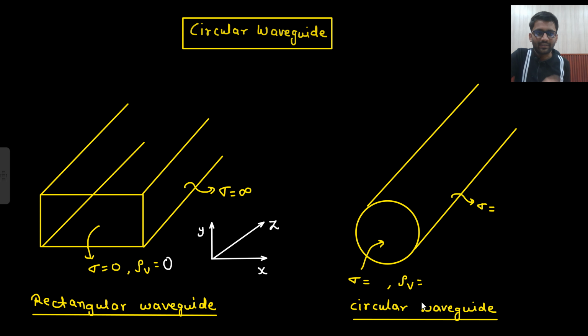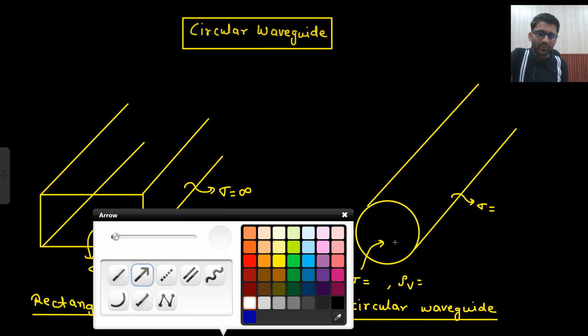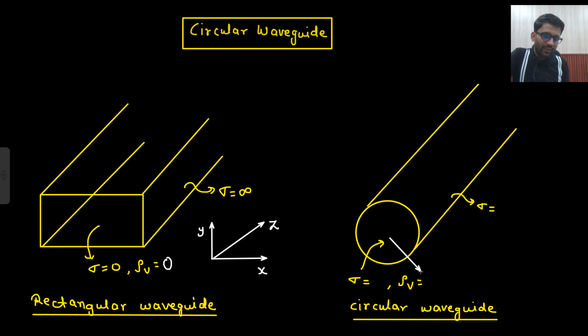Rho, phi, and z, right? So where will your rho be? Your rho will be in this direction. Rho is always along the radius. Where will your phi be? Phi is always along the perimeter. And where will your z be? This will be your z, or you can say z is going in this direction.